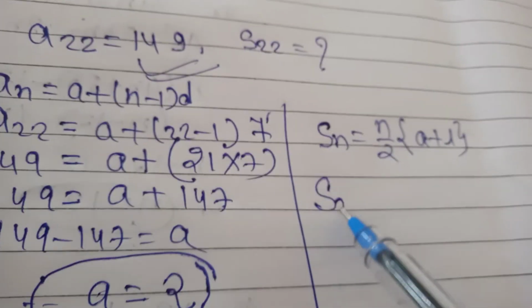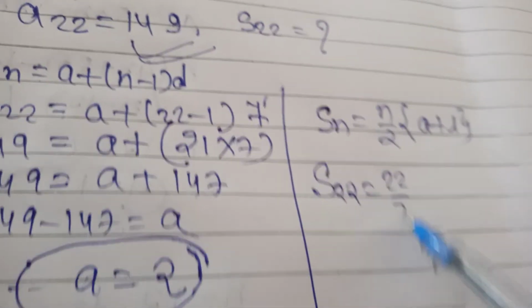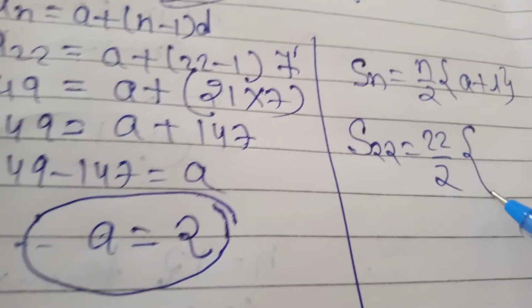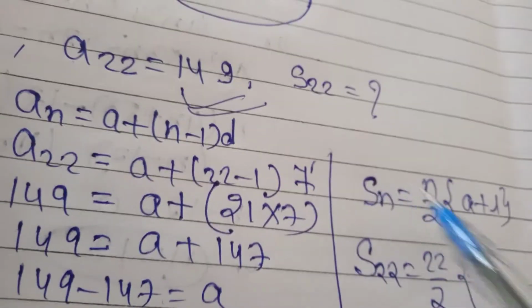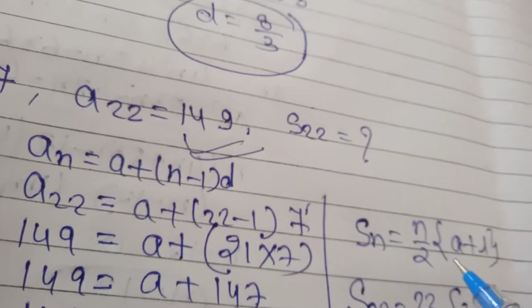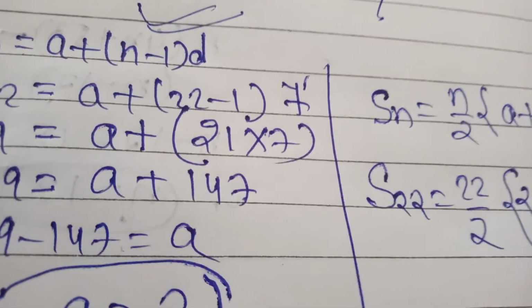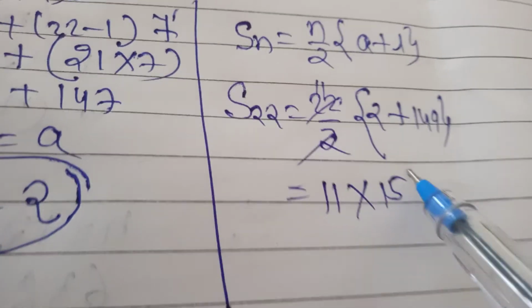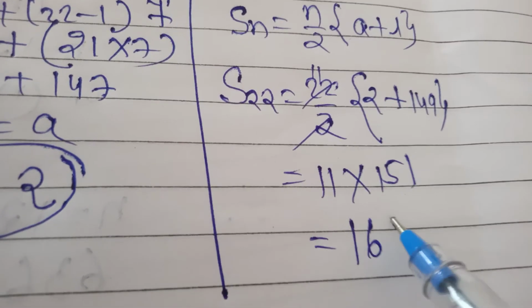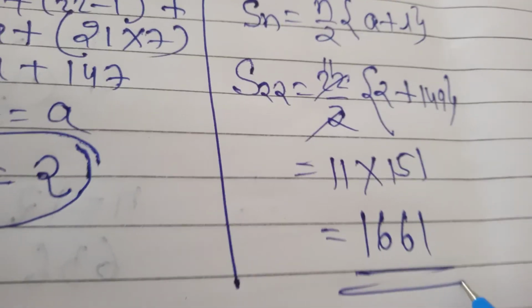So S22 is equal to 22 by 2, the value of a is given as 2 and the last term is given as 149. So it is 11 into 151, it is 1661 if you multiply.